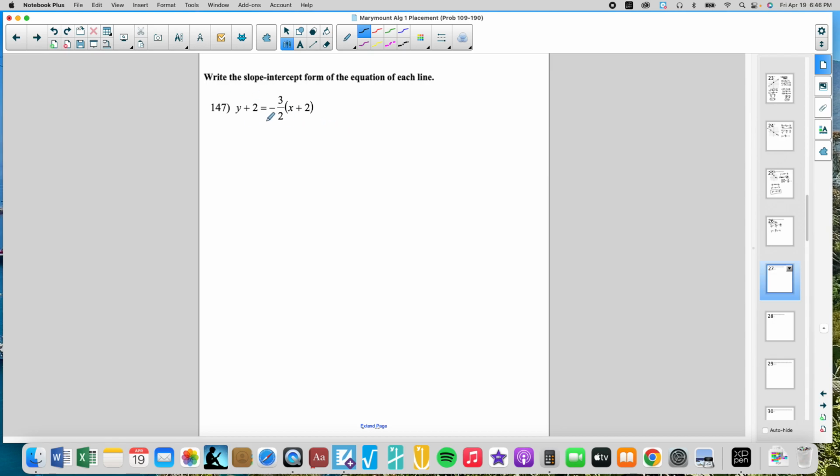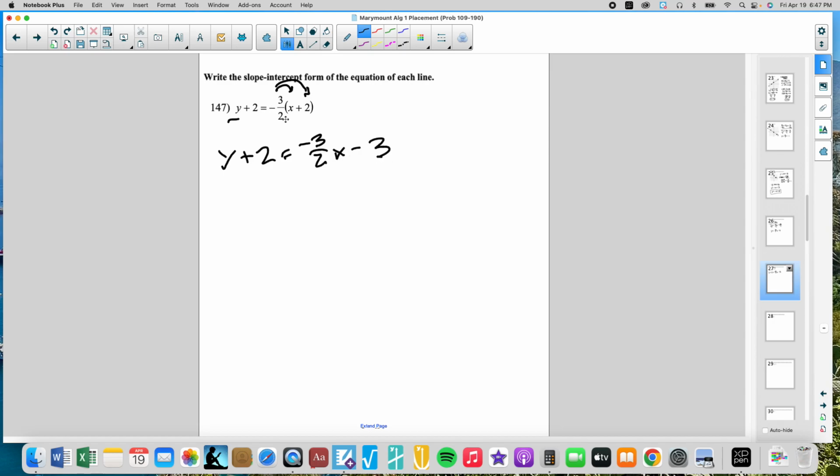This is point-slope form. I don't know if you knew that. So we can do a couple things. We'll do the most logical. A lot of people will distribute and then isolate and get y by itself. So we get y plus 2 equals negative 3/2 x minus 3.